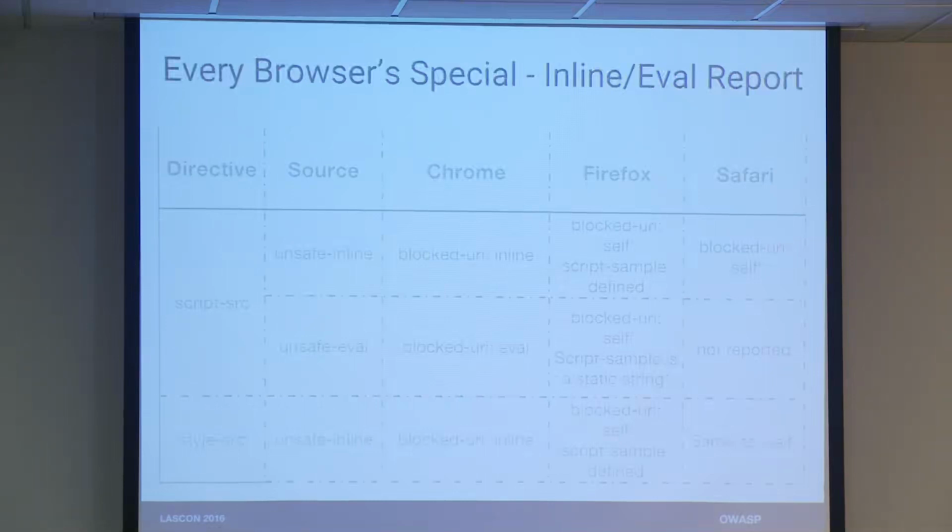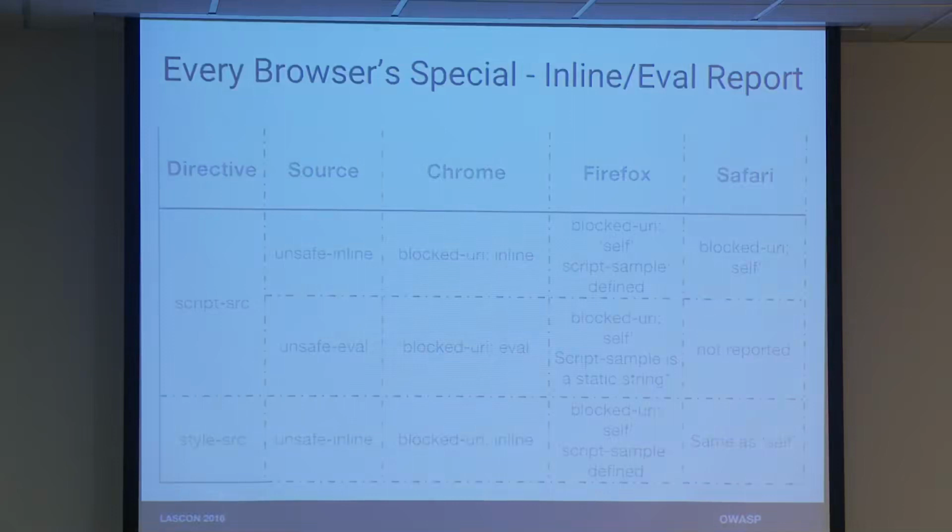So for unsafe-inline and eval, one of the problems we ran into early on was the browsers definitely don't report this consistently. Chrome will report it pretty clearly, the blocked directive, inline or eval. Firefox will report it as self, no matter what, and you have to look at the script sample, as we'll see in the next slide, to determine if it was actually an eval violation or an inline script violation.